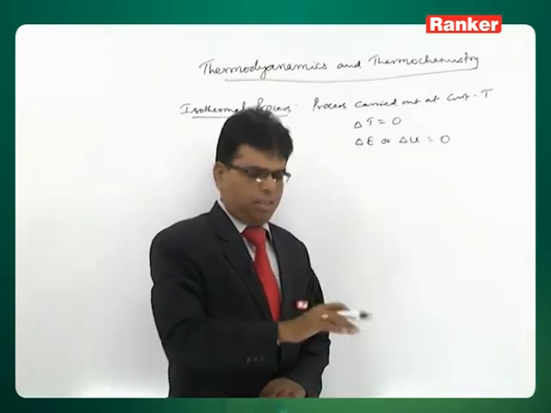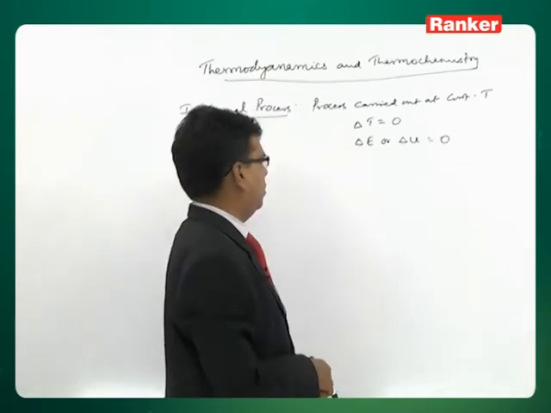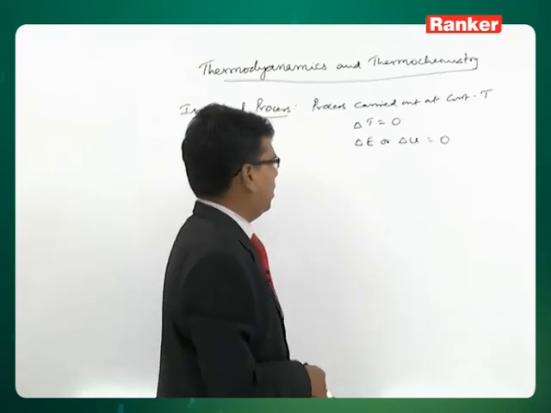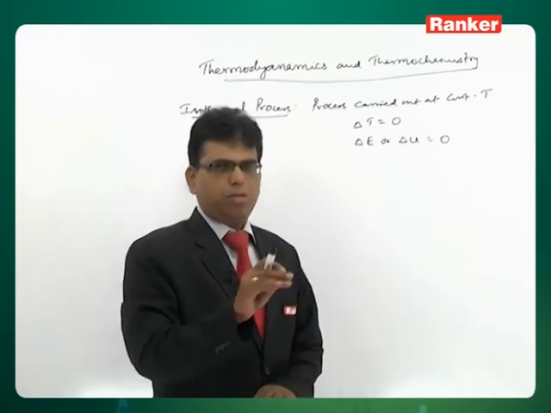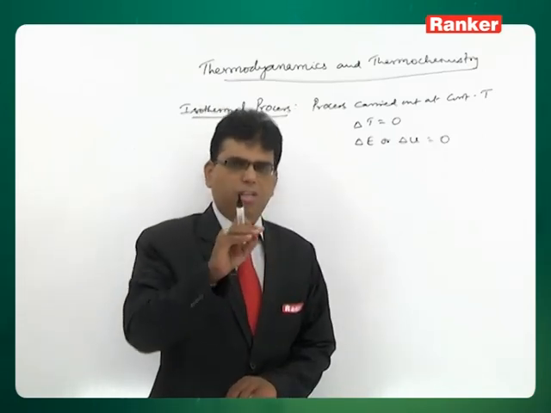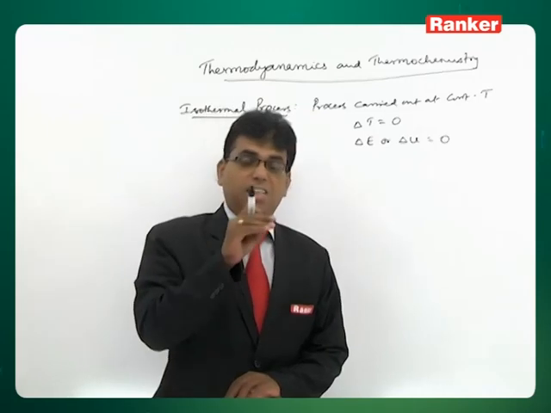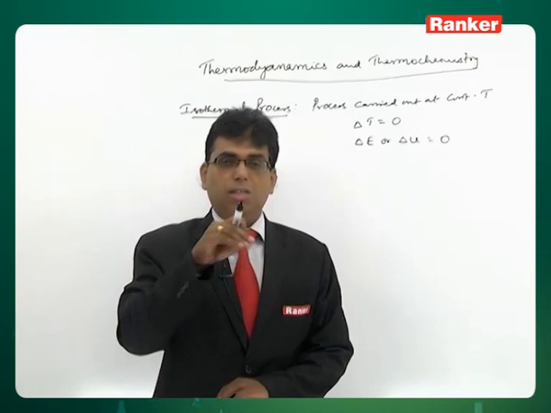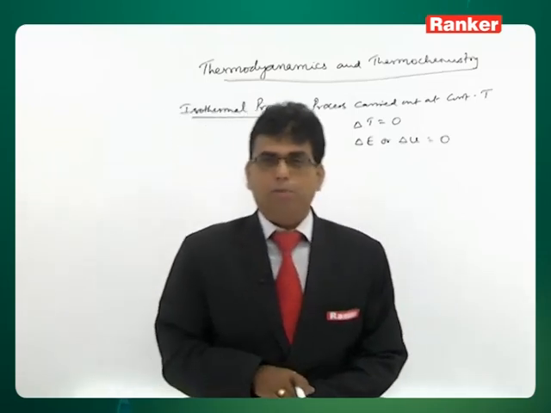What is internal energy, we discuss next, but in brief, internal energy is nothing but the sum of kinetic and potential energies of a system. That kinetic energy includes all types of kinetic energy: rotational, vibrational, translational, nuclear.